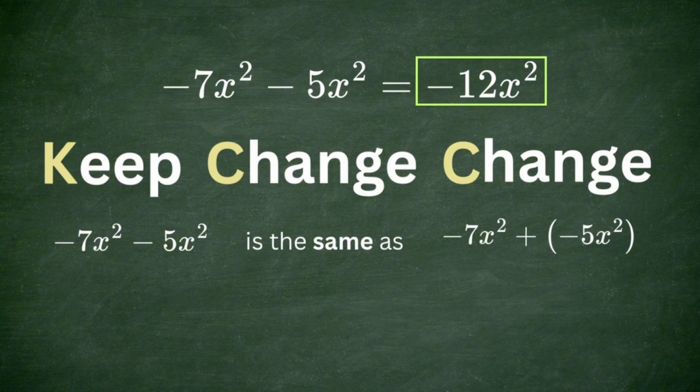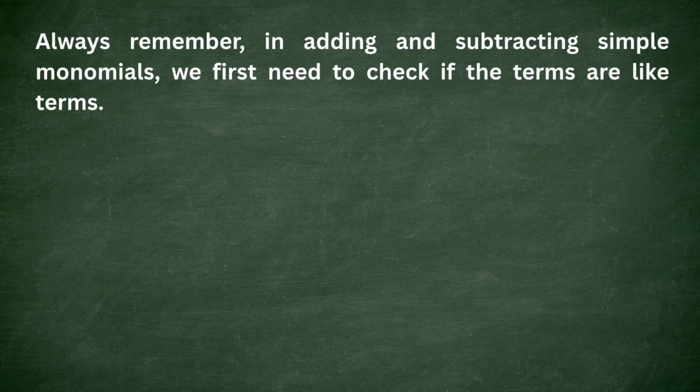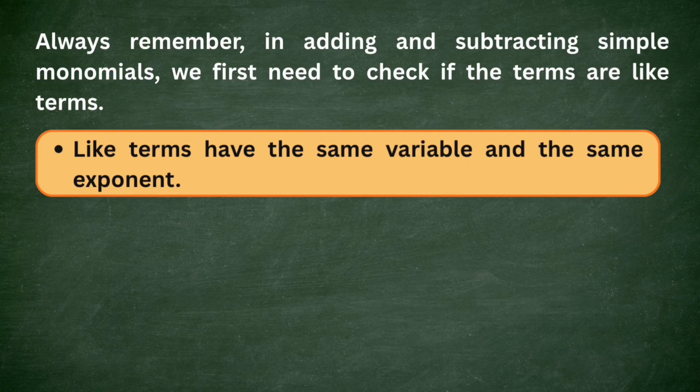everyone. Let's take a moment to review everything we learned today. Here are the key things to remember. Always remember in adding and subtracting simple monomials, we first need to check if the terms are like terms. Like terms have the same variable and the same exponent.